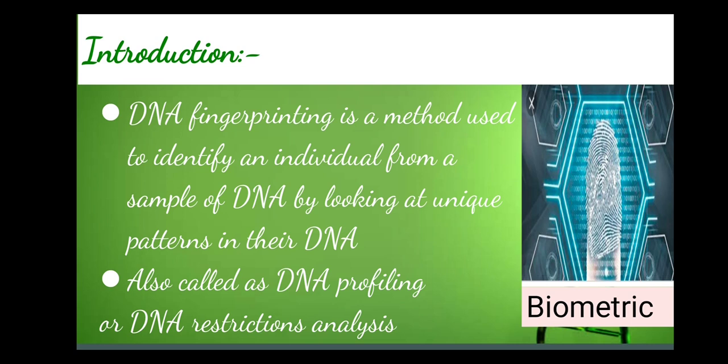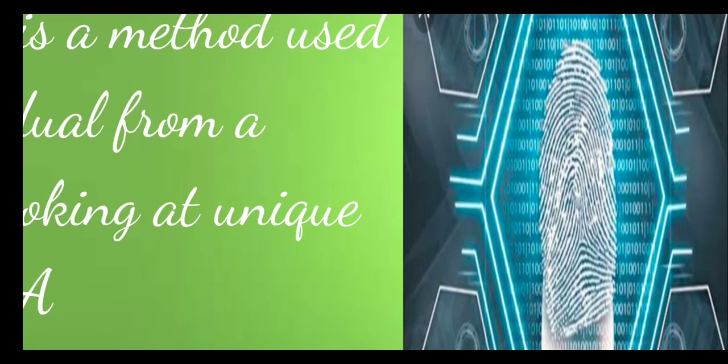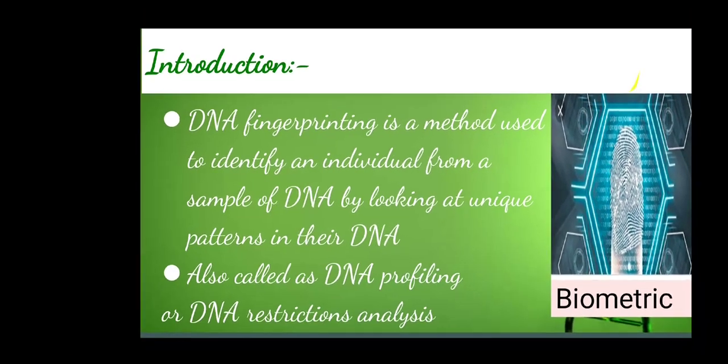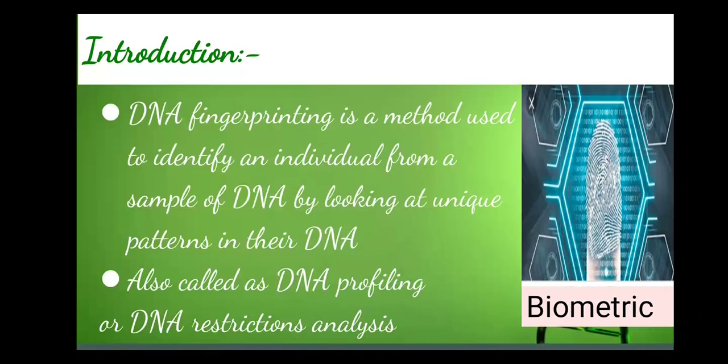You can see in the picture. On the basis of the ridges they identify the person, but there is no involvement of DNA material. In DNA fingerprinting the whole concept is based on the DNA sequence. This is the general difference between biometric fingerprinting and DNA fingerprinting.